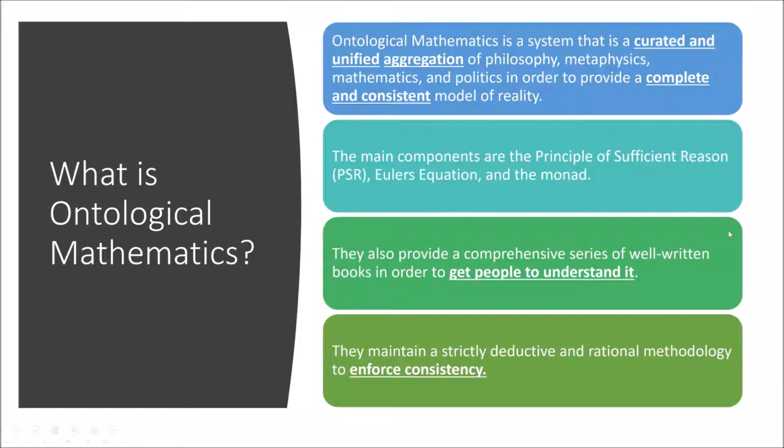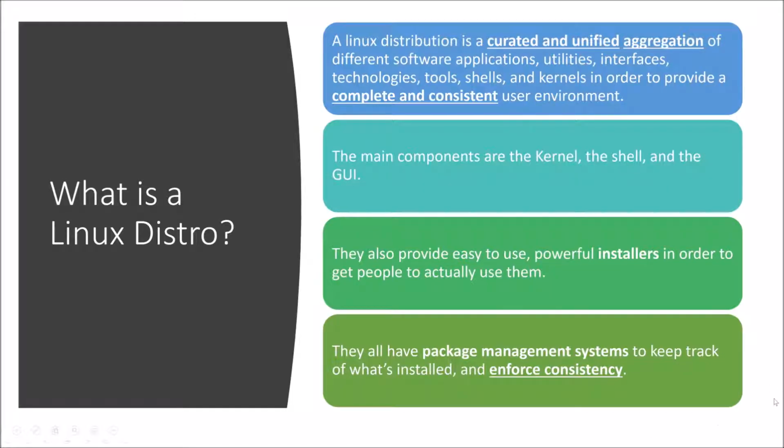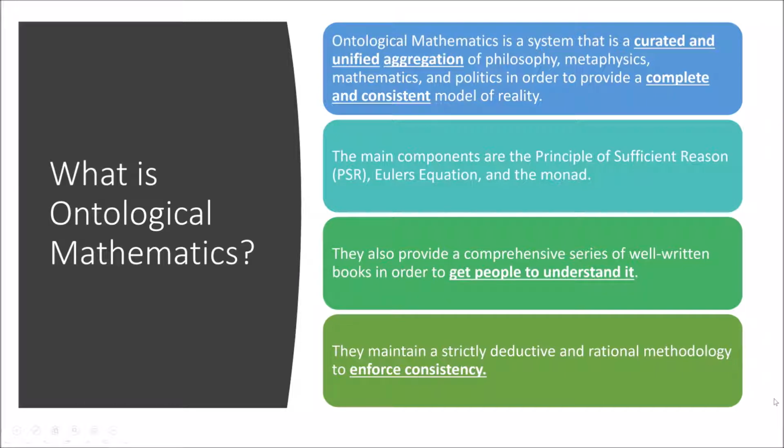And with regards to the package management system, the equivalent is a system of deductive and rational methodology to enforce consistency. That's the big analogy of how they tie up.